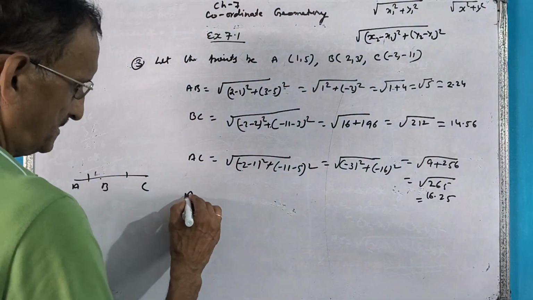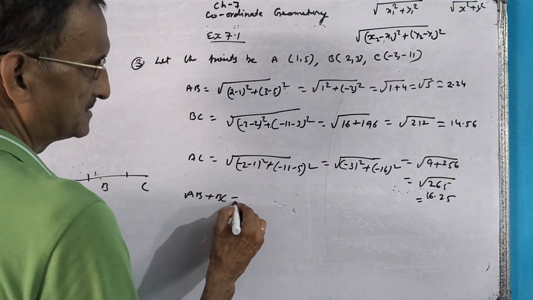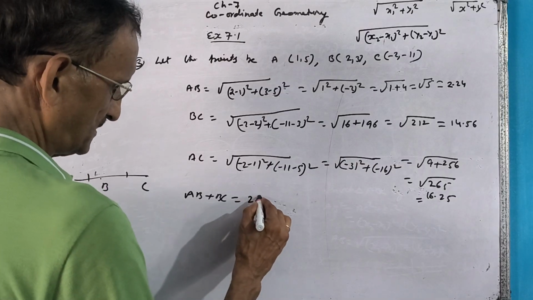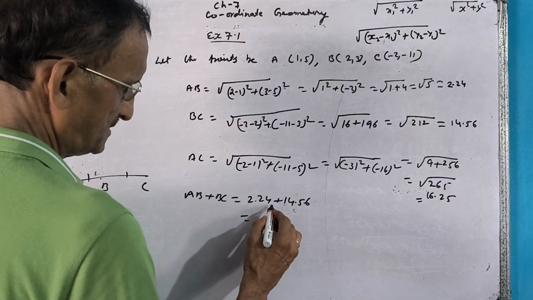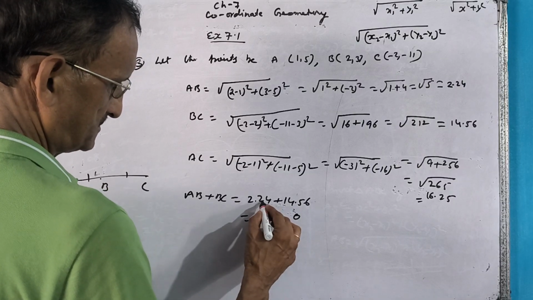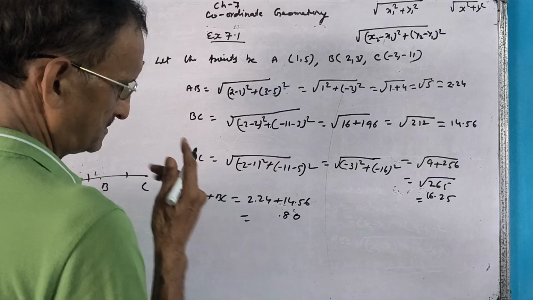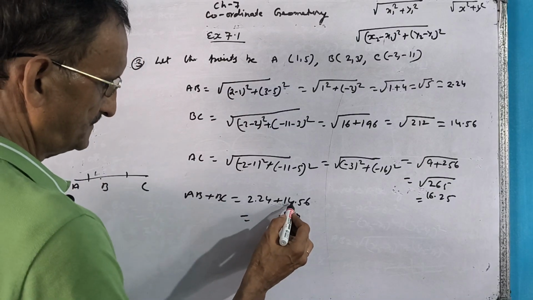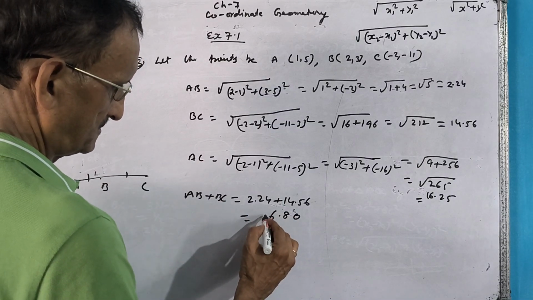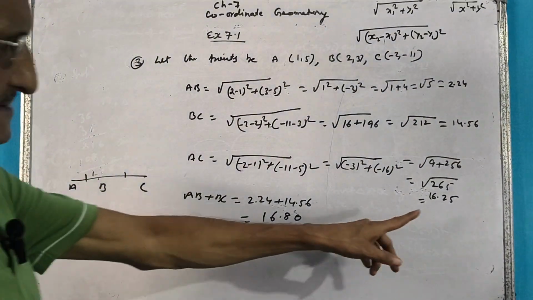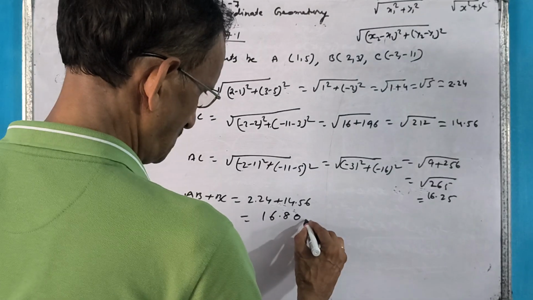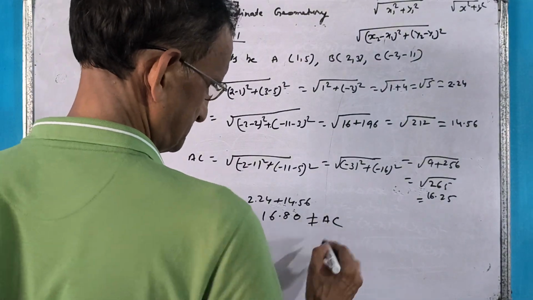Now find AB plus BC. AB is 2.24, BC is 14.56. How much will you get? 16.80. Now this is 16.25, which is not equal to AC.